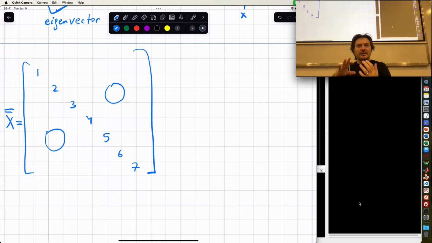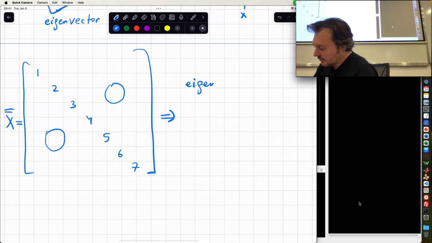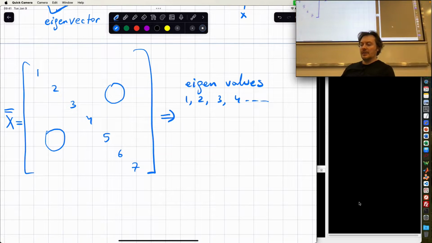That's why solving the eigenvalue equation is sometimes called diagonalization, matrix diagonalization. So we already have a diagonalized matrix, which means that we actually have eigenvalues 1, 2, 3, 4, etc. Okay, these are the eigenvalues.